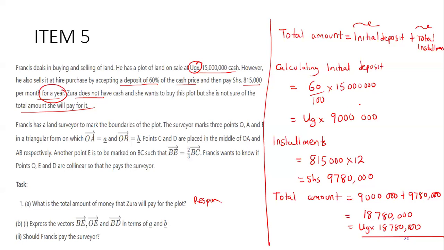Morning. My question is, what if they don't give you the number of installments and they only give you the amount to be paid per installment? So what do you do then?